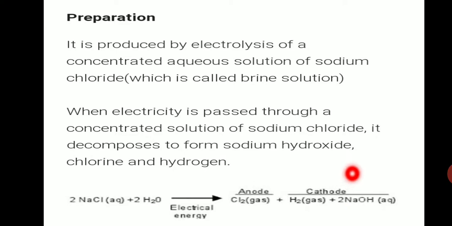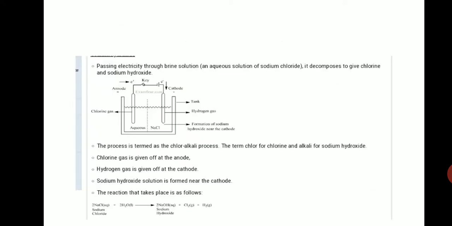Chlorine and alkali are the two products obtained during this reaction. That's why this reaction is known as chlor-alkali. Chlor means chlorine, alkali means sodium hydroxide. So this reaction is termed the chlor-alkali process.